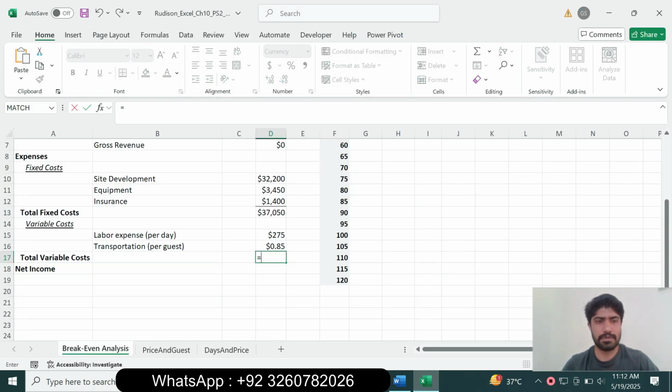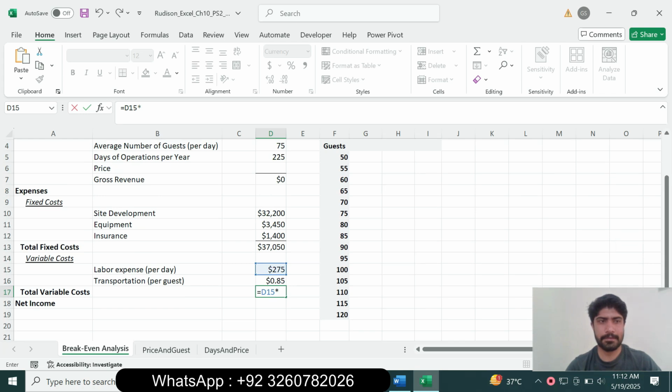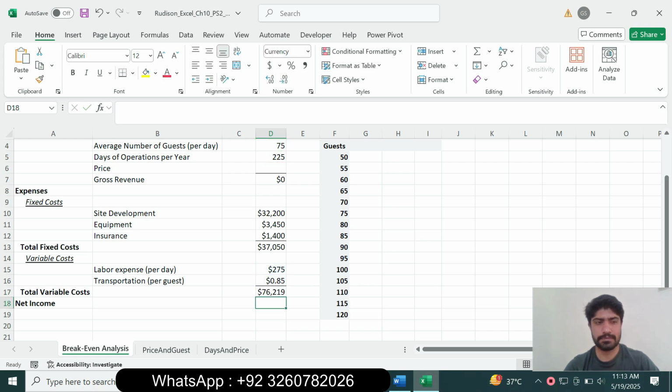So type equal to and select the cell D15, multiply by D5, plus D16, multiply by D4, multiply by D5, and press enter.